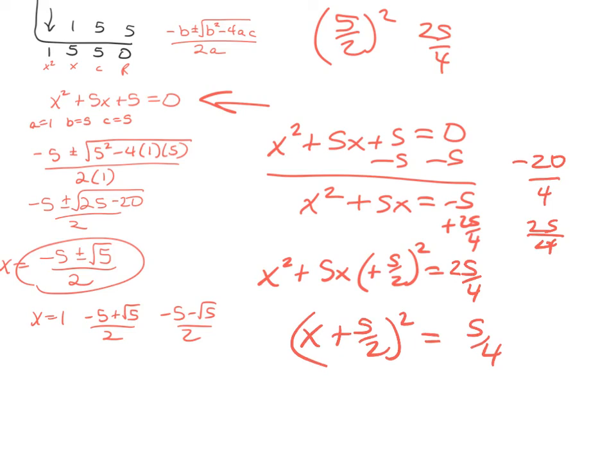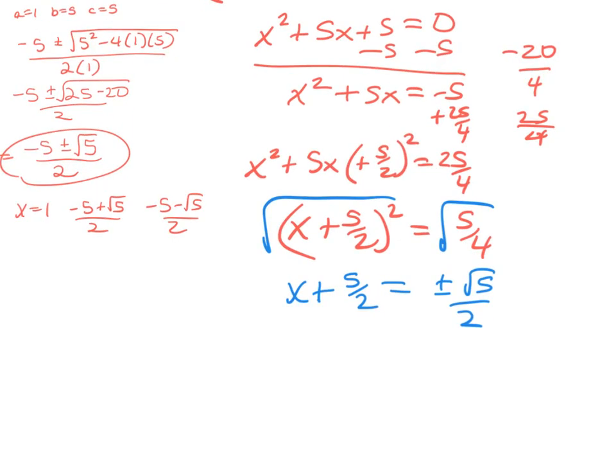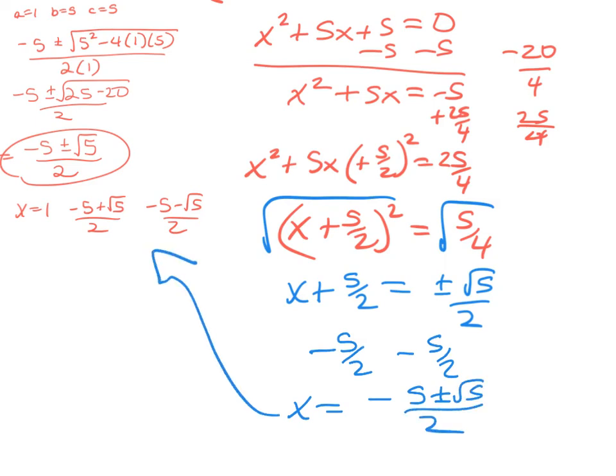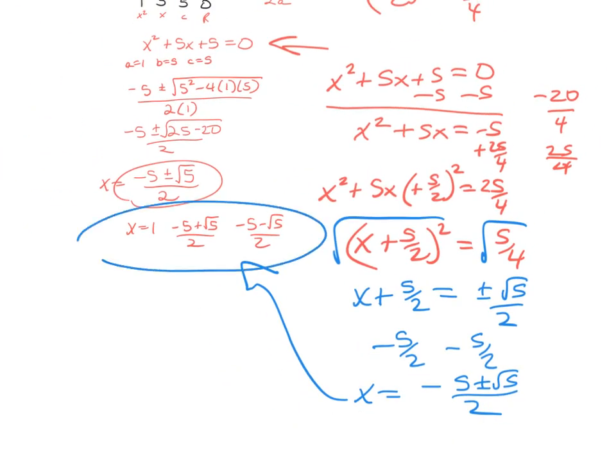All right, so now I need to square root both sides. So I get x plus 5 over 2 equals plus or minus square root 5 over 2. Move the 5 over 2. So x equals -5 plus or minus root 5 over 2. Same answer I got when I did it using the quadratic formula. So here are my 3 zeros.